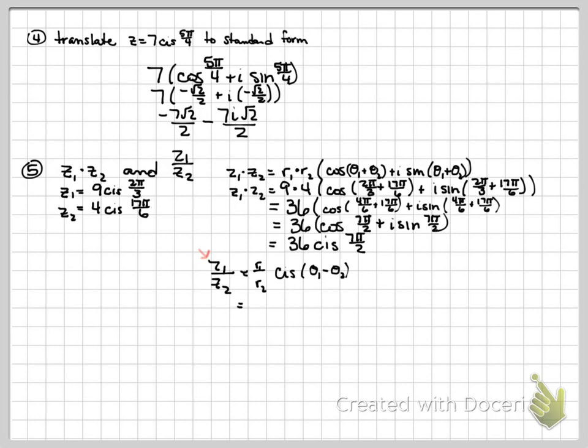So R1 is 9 over 4 CIS. Theta 1 is 2 pi over 3 minus 17 pi over 6. And now I just simplify.